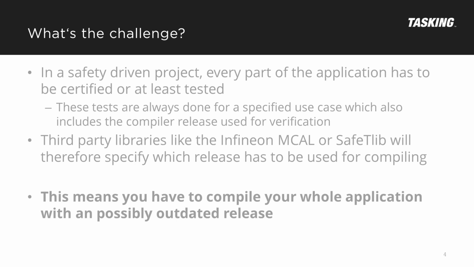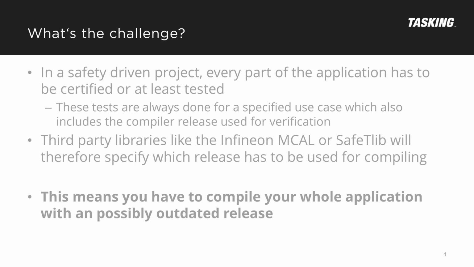Because Infineon certified their MCAL and the SafetyLib for it, and then also other vendors staying at the specific release for their libraries, for example the RTOS, and then your whole application is stuck at the 4.2 R2. And maybe you want to have some other features, newer releases or bug fixes, and yeah, you can't.